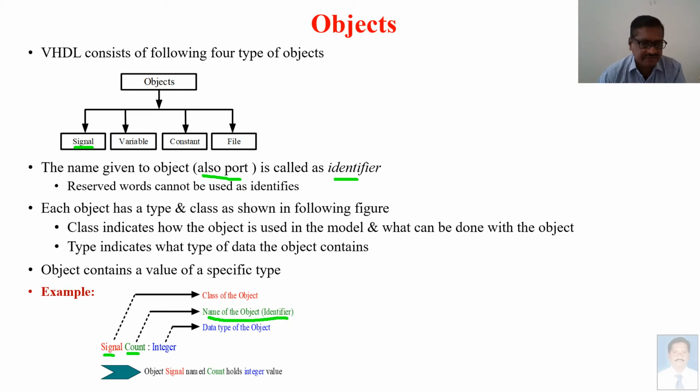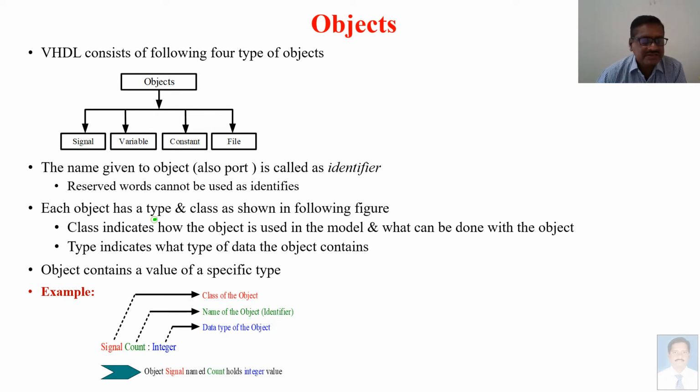It is a user defined parameter. It may be count, CNT, CN, whatever the user wants to use, and it can be given to a signal, a variable, a constant or a file. Reserved words cannot be used as identifiers, as we have discussed in previous discussions also.